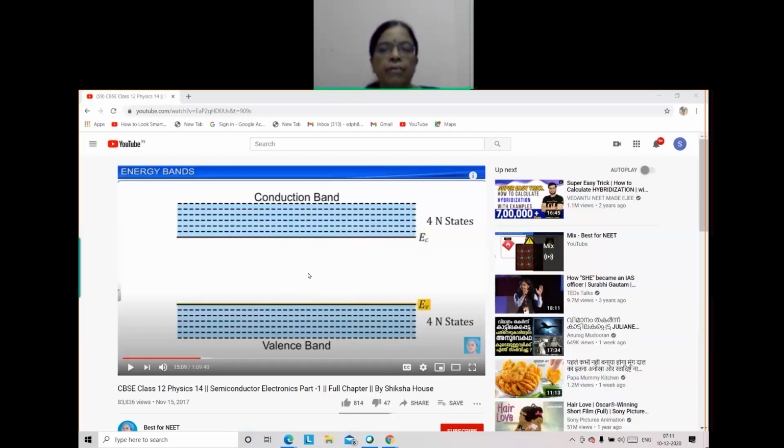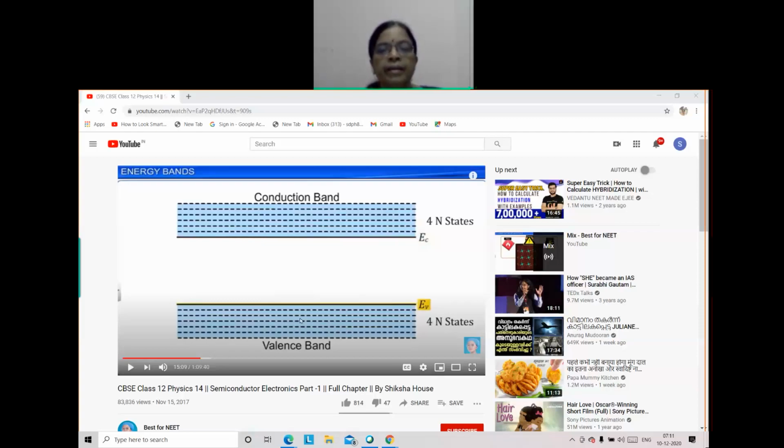In an intrinsic semiconductor, we know mainly two bands are there, valence band and conduction band. You can see in the figure. In the valence band, all the valence electrons will be there. We know silicon, germanium, outermost 4 electrons are there.